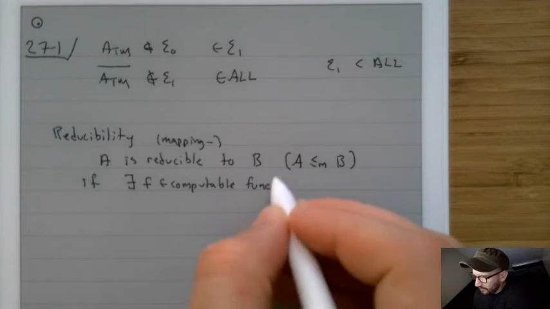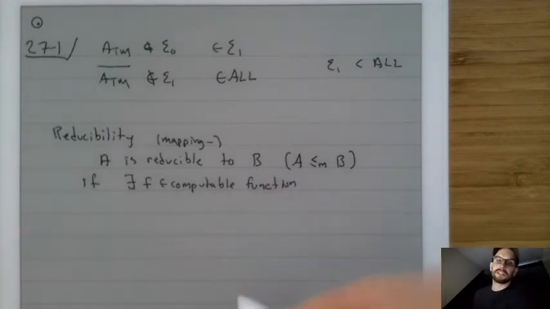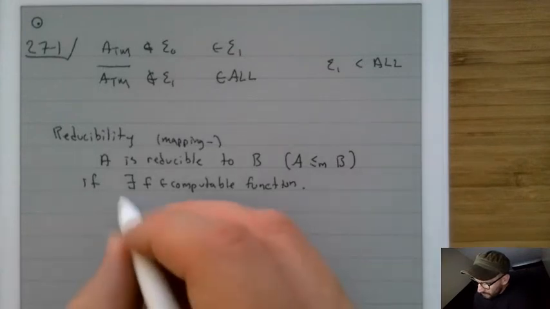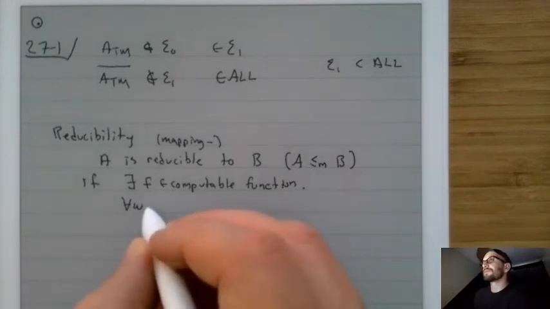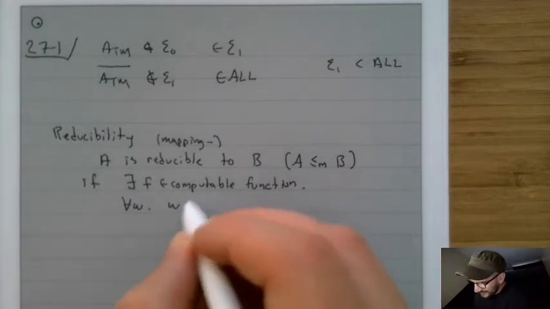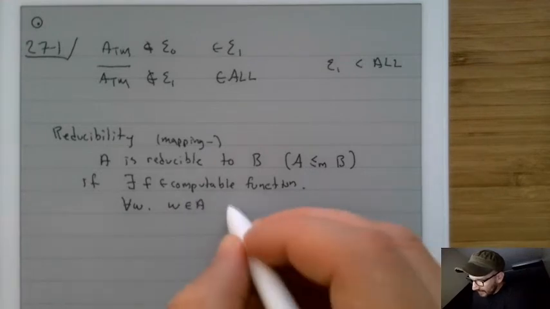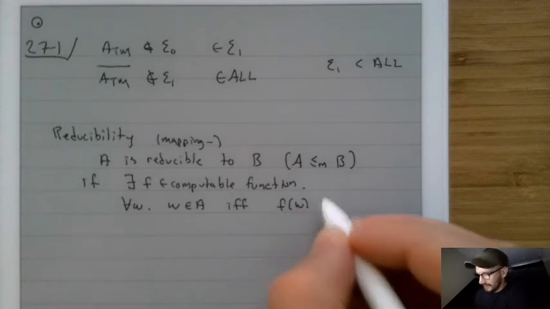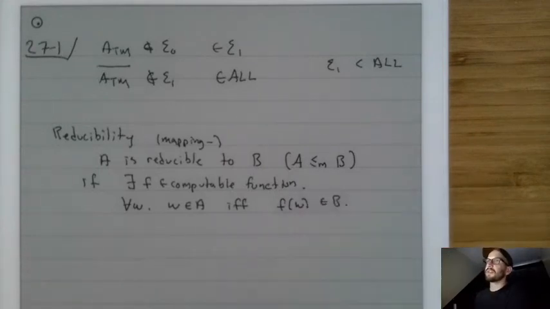And remember, computable functions are Turing machines that are in sigma 0, where for all w, w is inside of A if and only if f of w is inside of B.